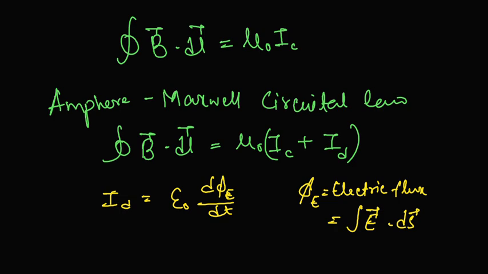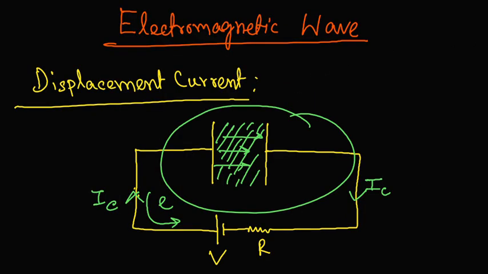Now, the main concept behind the electromagnetic wave is the changing electric field in a capacitor. I mean, how does the capacitor become charged?